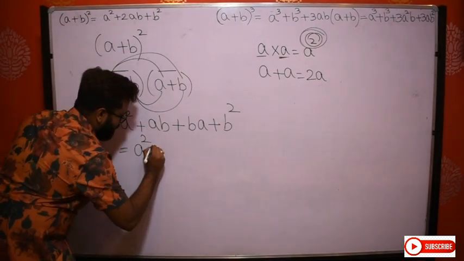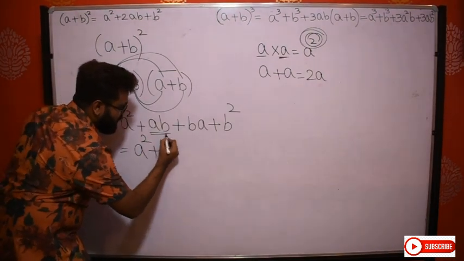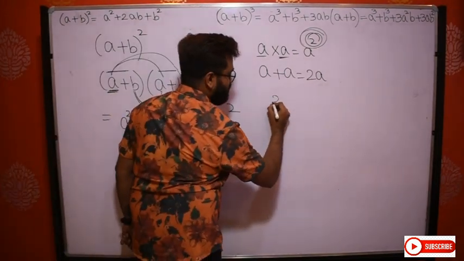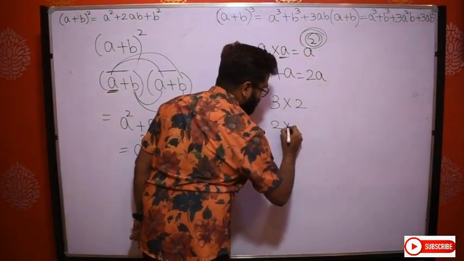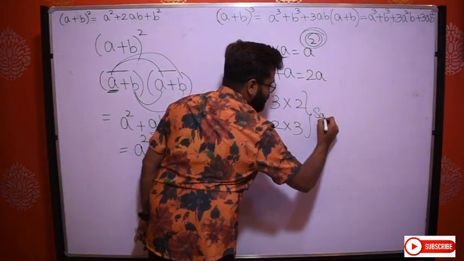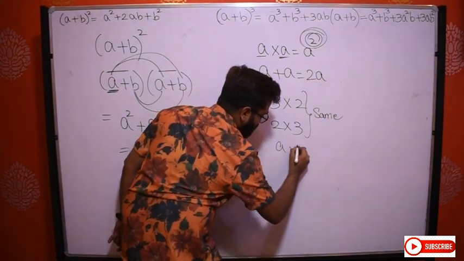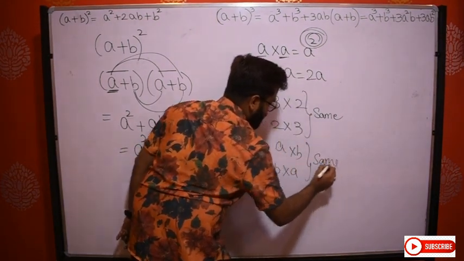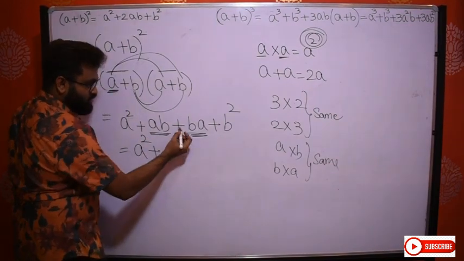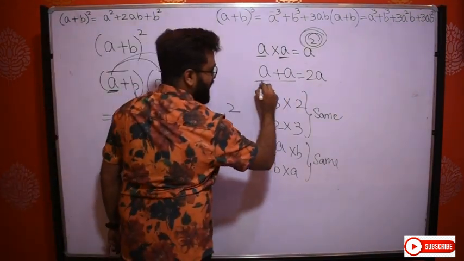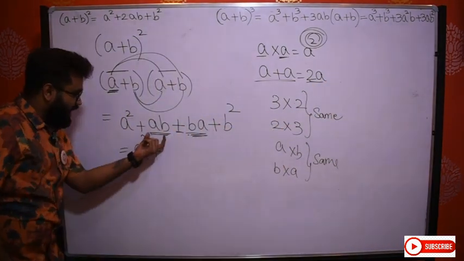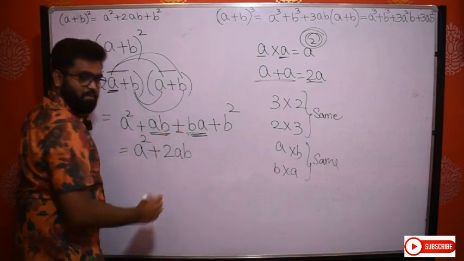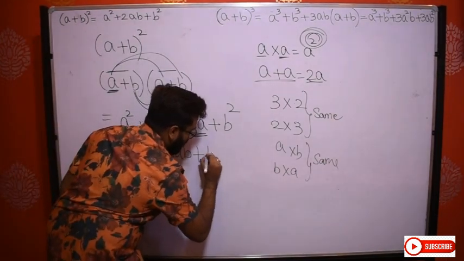a square plus, so we have ab and ba here. ab is also the same. Say for example, 3 into 6 and 6 into 3, these both are the same. So a into b and b into a will also be the same. So if I add them, ab plus ab is 2ab, plus b square.